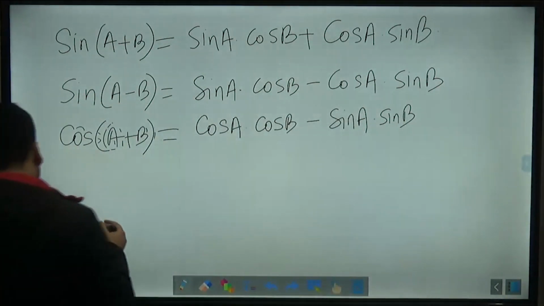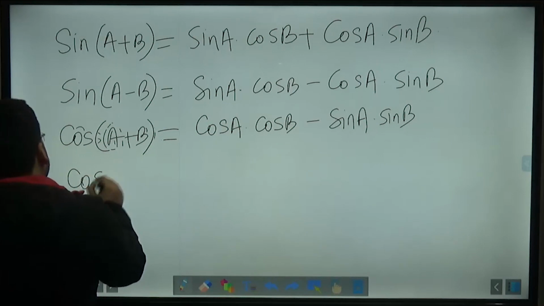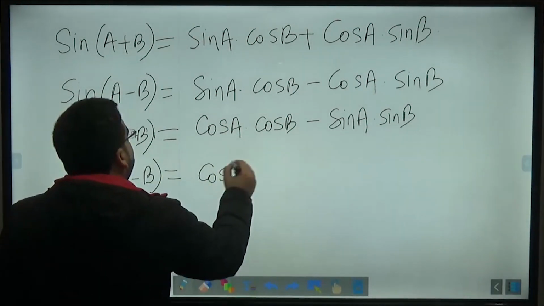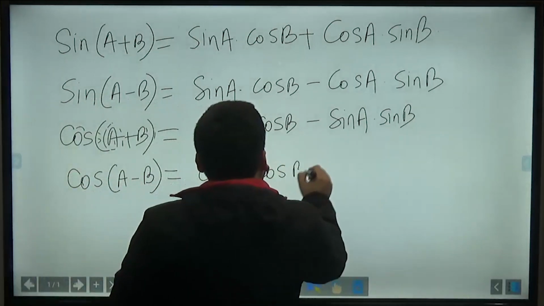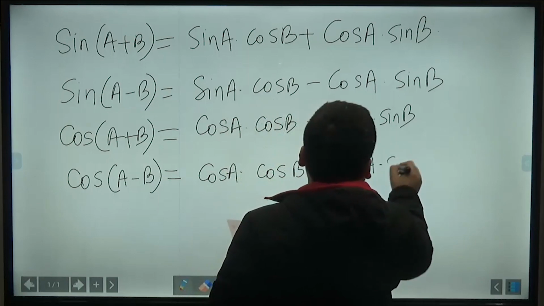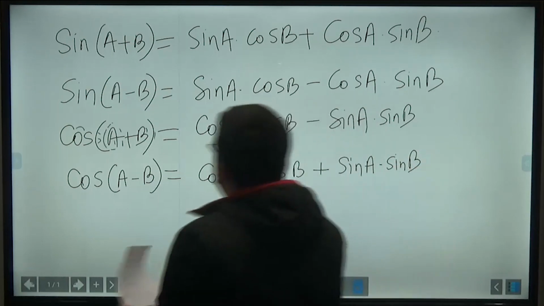The next formula which I told you will be useful is cos of a minus b. Cos of a minus b will be equal to cos of a into cos of b plus sine of a into sine of b.